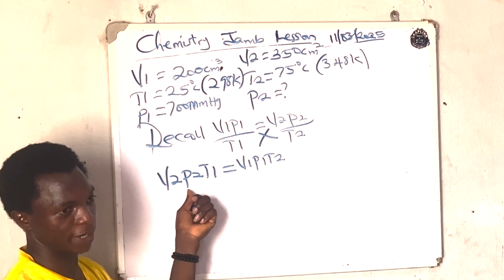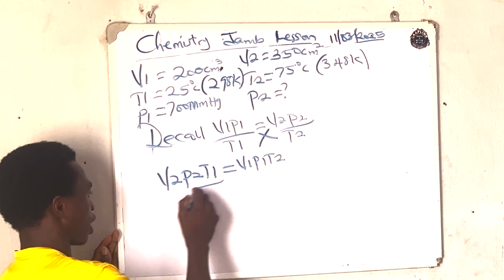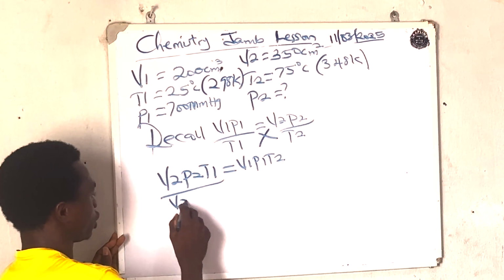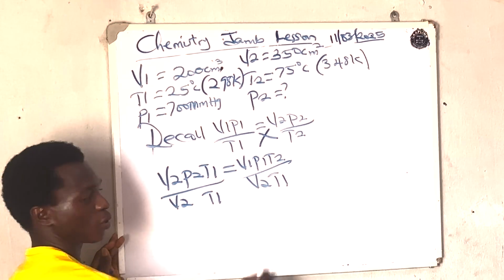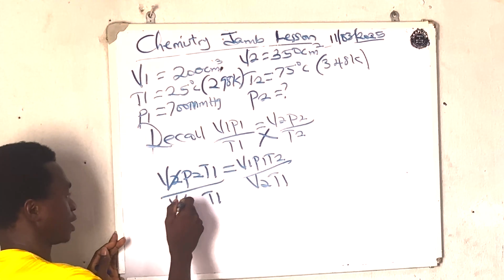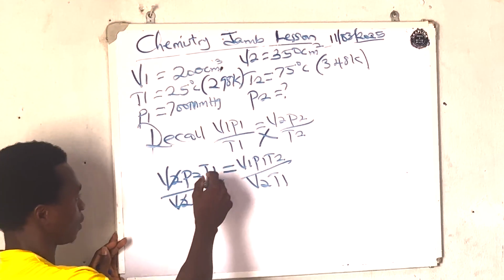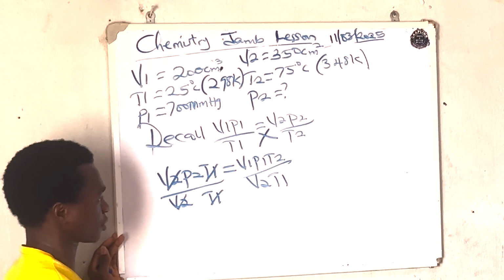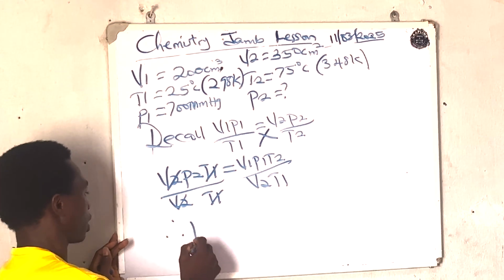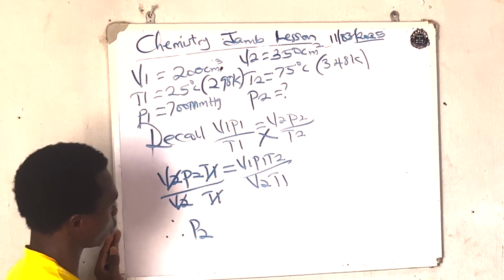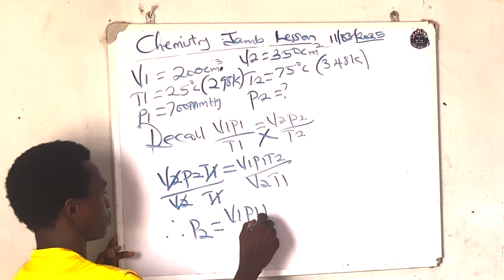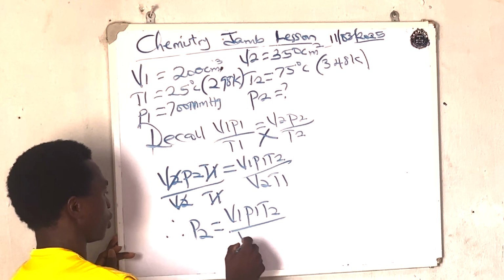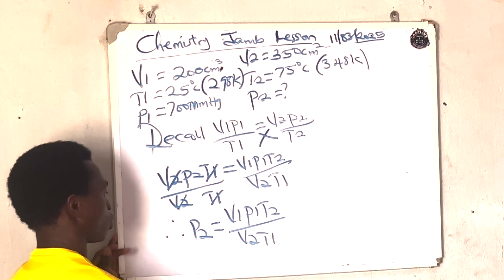What we want to find is P2. We now divide both sides by V2 T1. This and this will take care of themselves. Therefore, your new pressure will now be equal to V1 P1 T2 all over V2 T1.